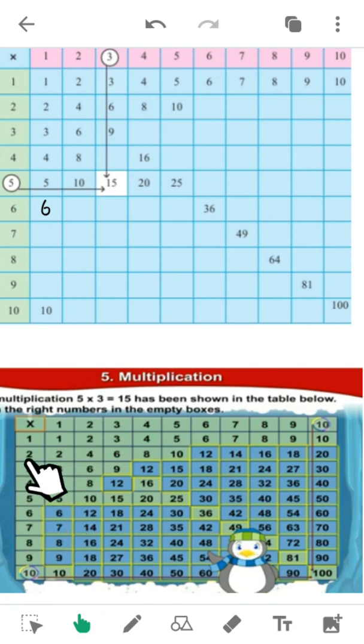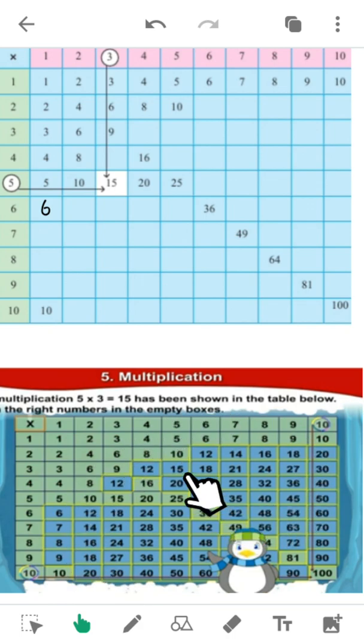One times table. Next, 2 1s are 2, 2 2s are 4, 2 3s are 6, 2 4s are 8, 2 5s are 10, 2 6s are 12, 2 7s are 14, 2 8s are 16, 2 9s are 18, and 2 10s are 20.